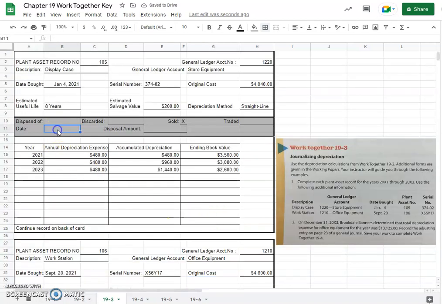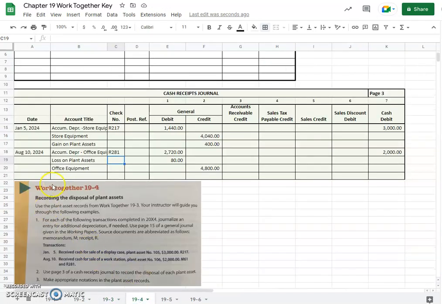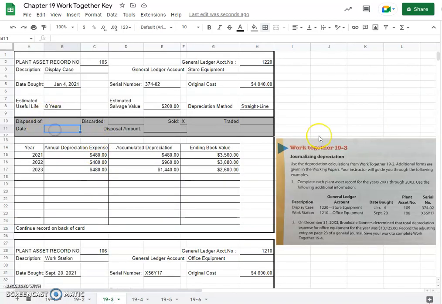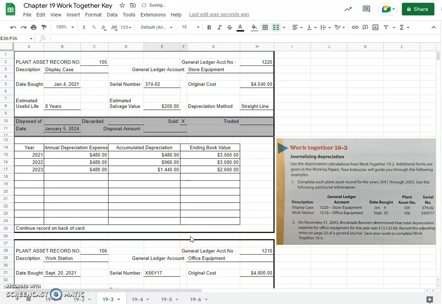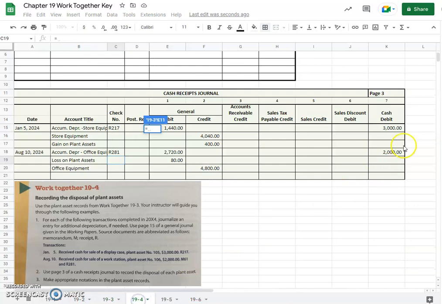And this first one, what date did we sell it on? Was it January the 5th? And the other one was August the 10th. So the date was January 5th, 2024. And this one was August the 10th, 2024. And the amount we got for it was back here.